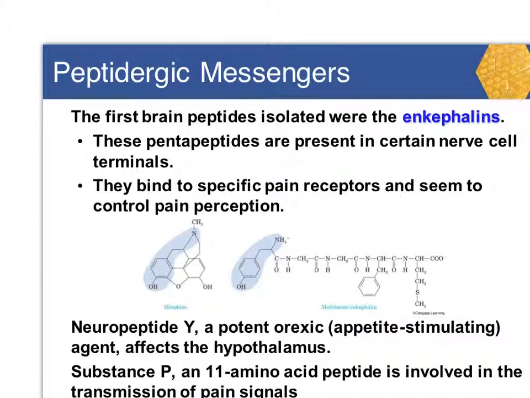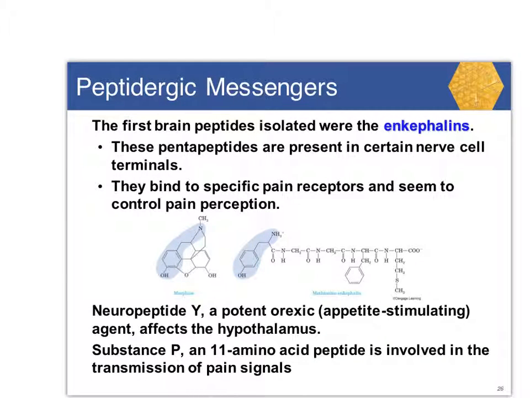I mentioned that earlier, that they were involved in pain levels. In the last class, we were talking about mimicry. And here you can see that methionine enkephalin has an end portion that is very similar to, or mimics, that of morphine.